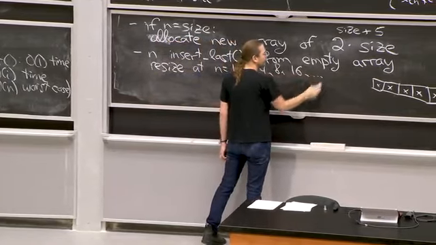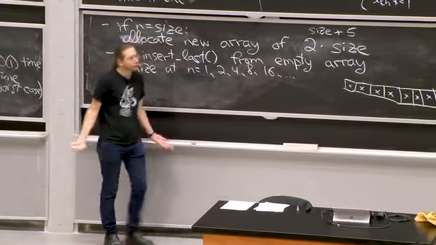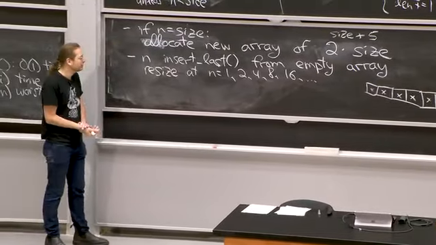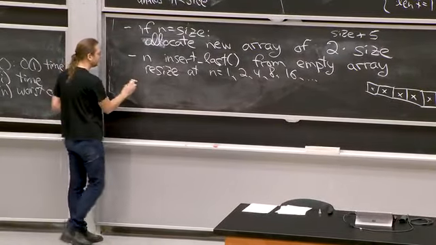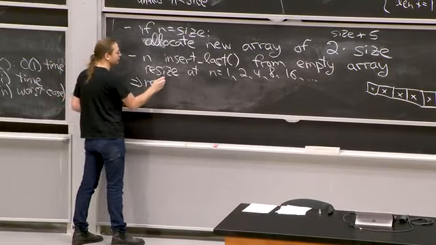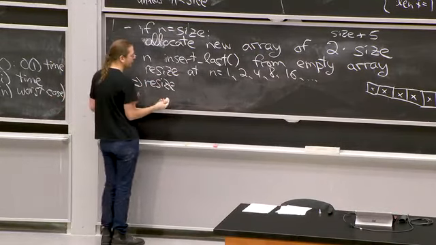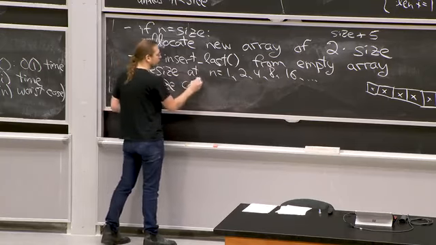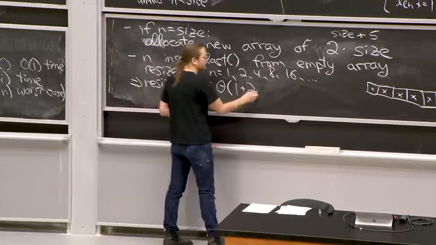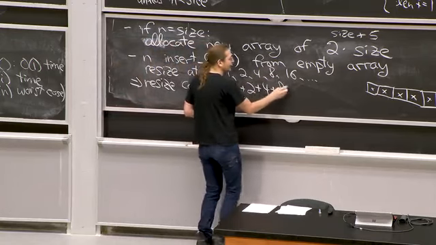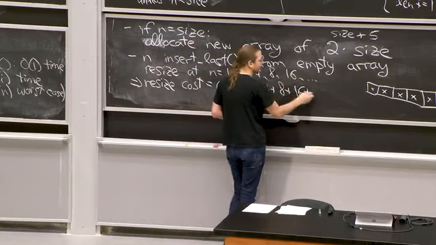You know this sequence: all the powers of 2, because we're doubling. That is exactly powers of 2. So we pay a linear cost. This resize cost, the allocation and the copying, is linear each time. So it's 1 plus 2 plus 4 plus 8 plus 16.